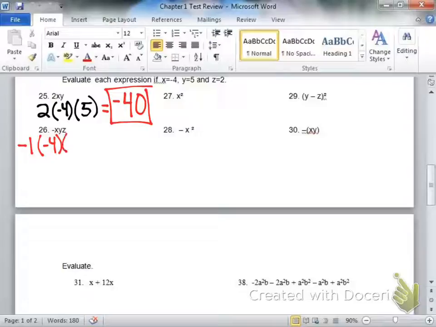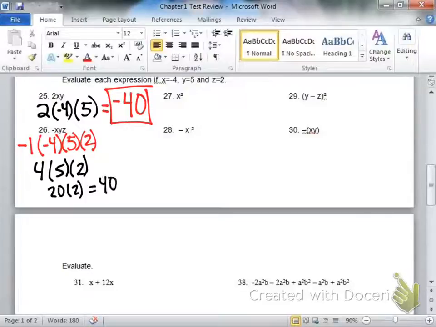Instead of y, I'm going to put 5, and instead of z, I'm going to put 2. Very good. So when you multiply from left to right, negative times a negative is a positive, so that gives me +4. +4 times 5 is 20, and 20 times 2 is 40.